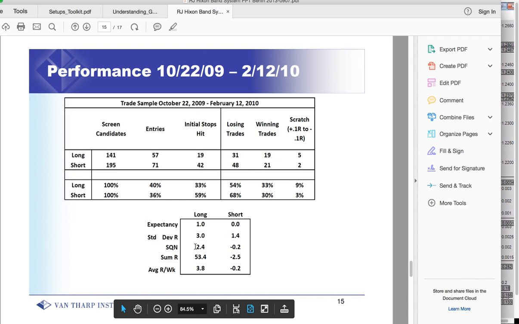He's got an SQN of 2.4. Above 2 is very tradable, so this is excellent, and he's made 53.4R for the year, trading at 1% risk, which is normal, and he's making an average of 3.8% a week.